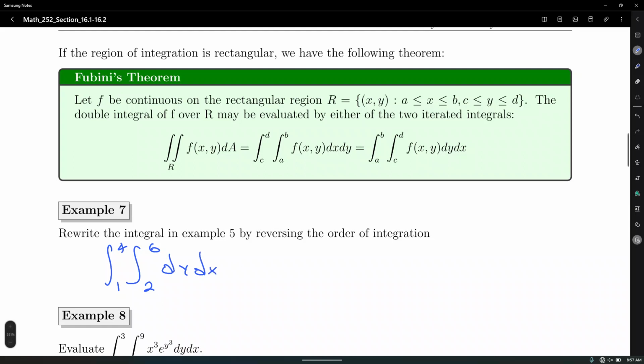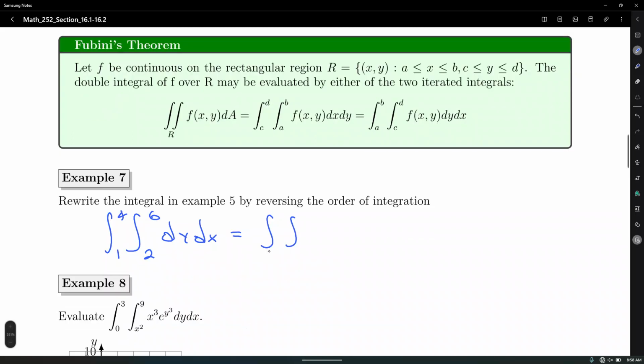That equals, just reverse the order: instead of going from 1 to 4 and from 2 to 6, go from 2 to 6 and then from 1 to 4, dx dy. Change dy dx for dx dy. I'm not going to evaluate this double integral because it should give us the same result.